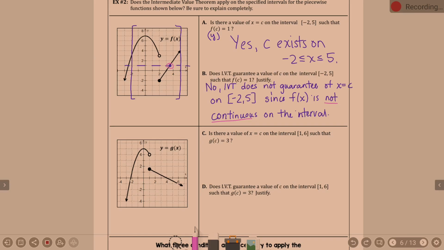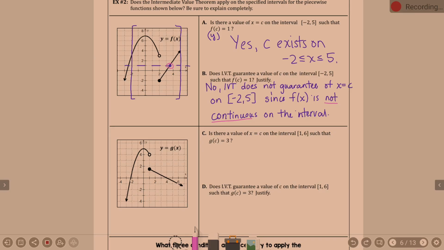Okay, so now we're picking up on C. Is there a value of x equals c on the interval 1 to 6 such that g of c equals 3? No. Yes. That was a quick no. And that was a yes. Okay. 1 and 6.